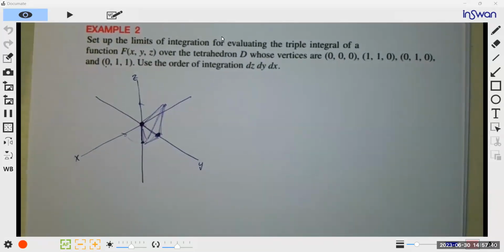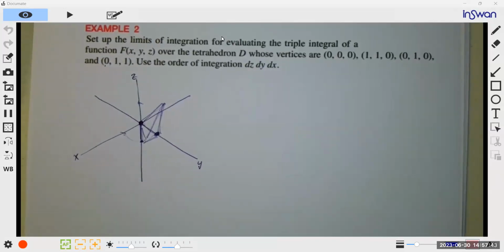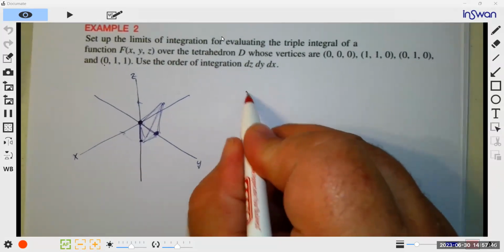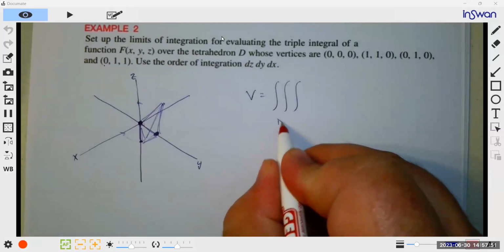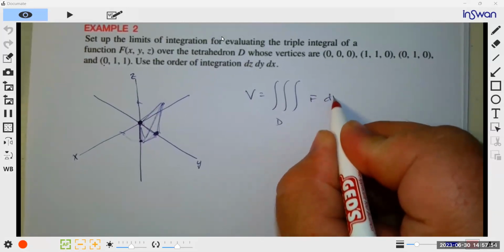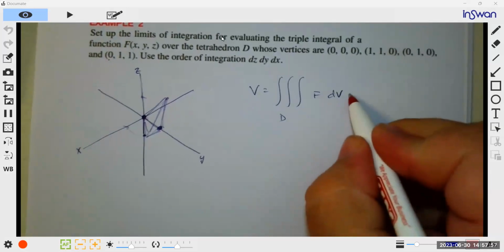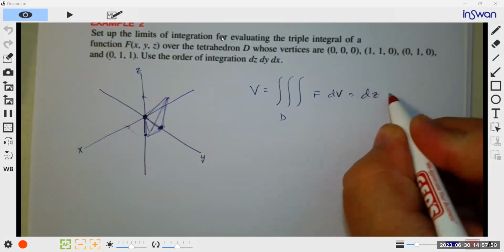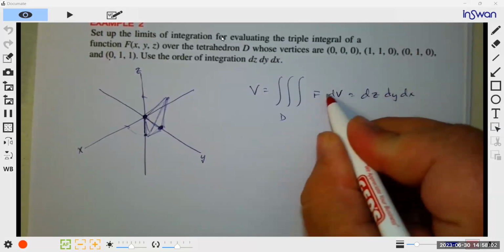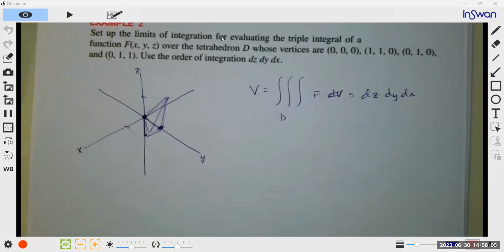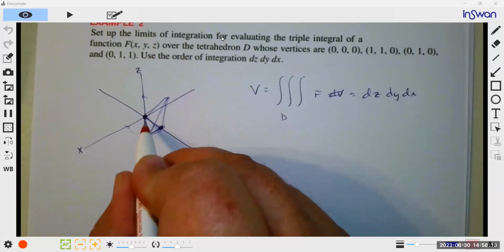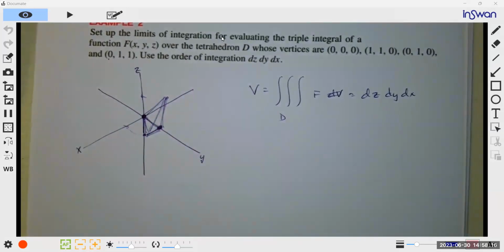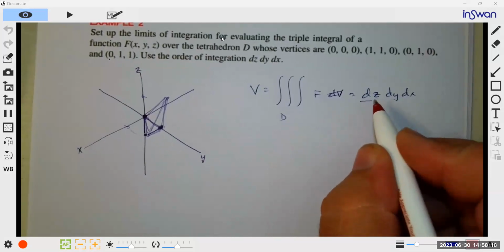We have to integrate with respect to that now. We're going to go dz, dy, dx. That's what we're going to do. All right, so what do we have here? What is our z?